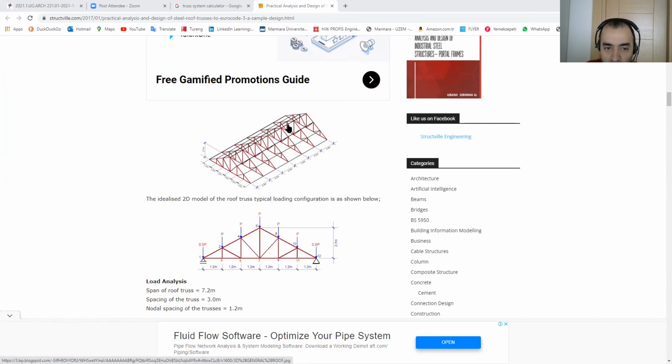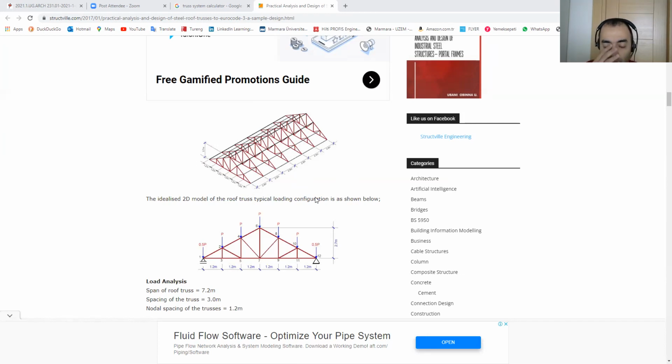And at the top you can see a roof system. In this example, you are using 7 trusses in this roof, and you connect these trusses with stability members and purlins. So this is a roof truss system. I'm just talking about what the truss system is.